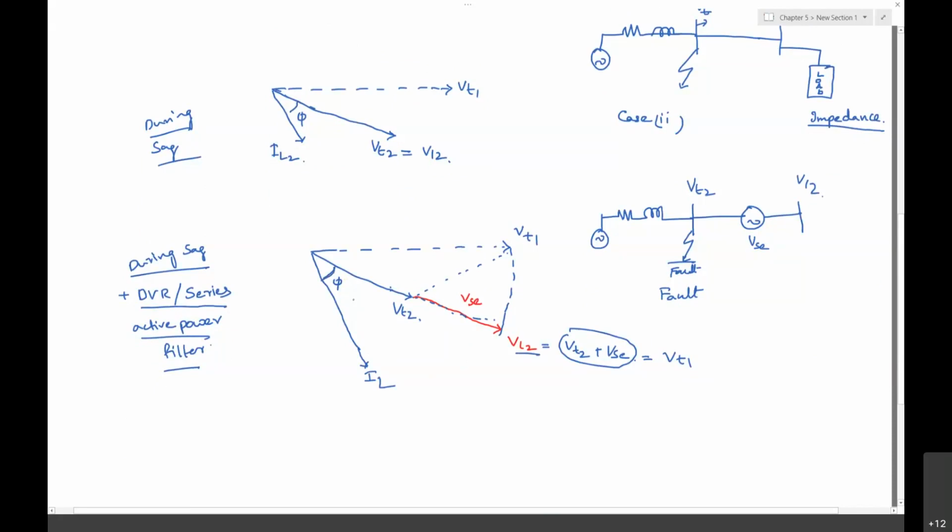Okay. Now we try to figure out the powers. In the last class we have seen what power the series active power filter has. The voltage injection is VSC, and the current flowing through it is the IL2 conjugate. This is the equation which we got.